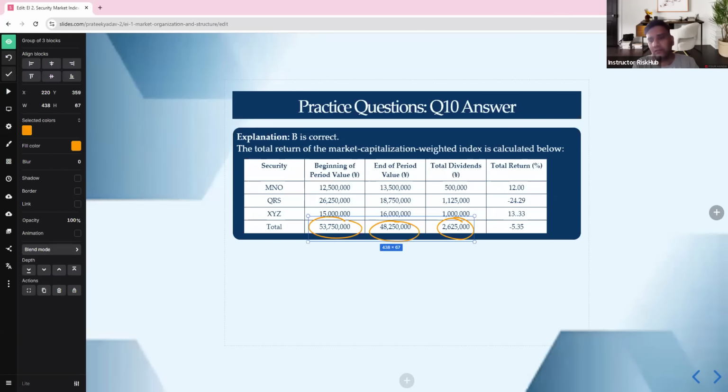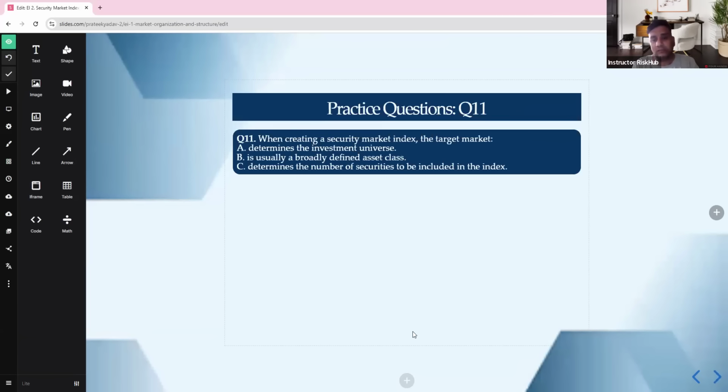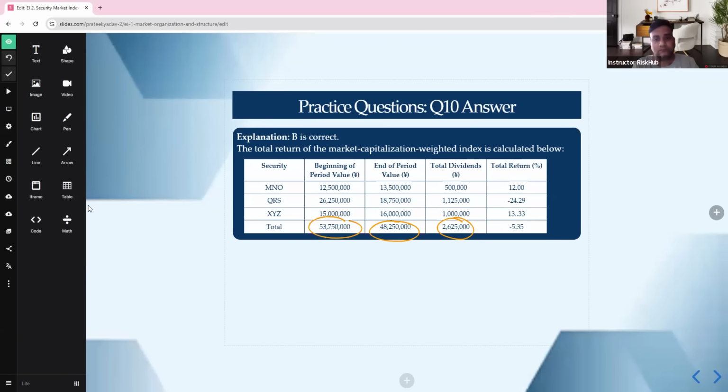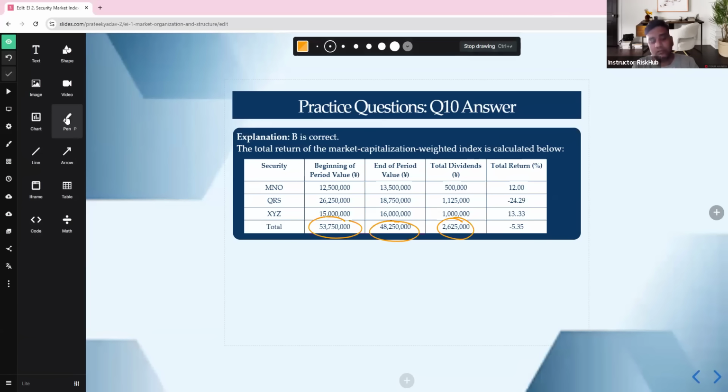Beginning market value or ending market value? Where will it go? The total value at the beginning is given as this.